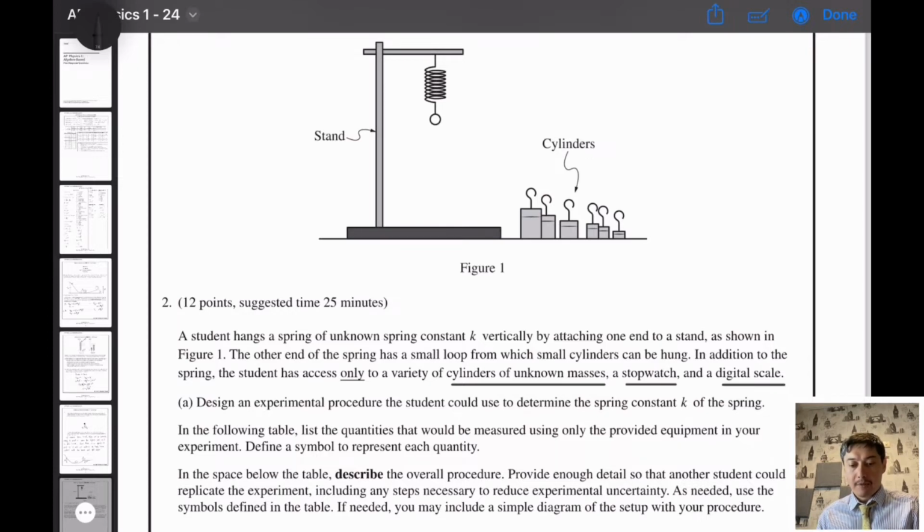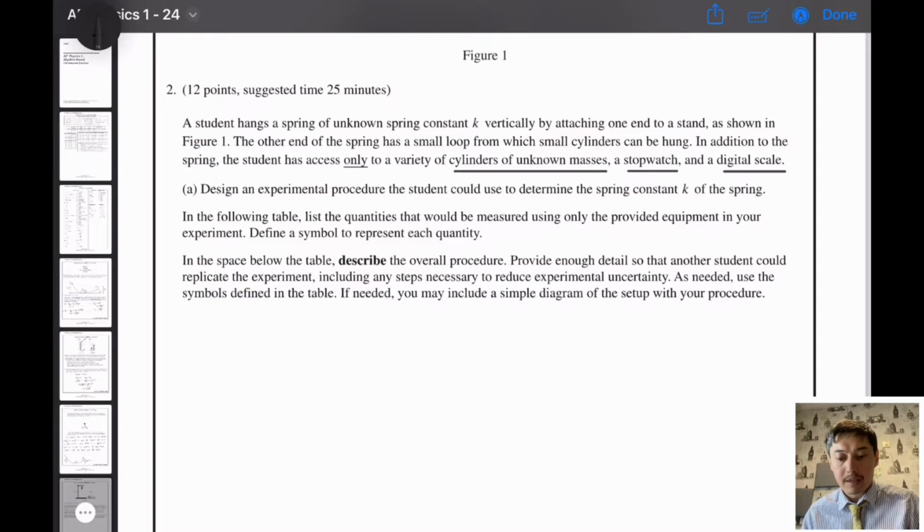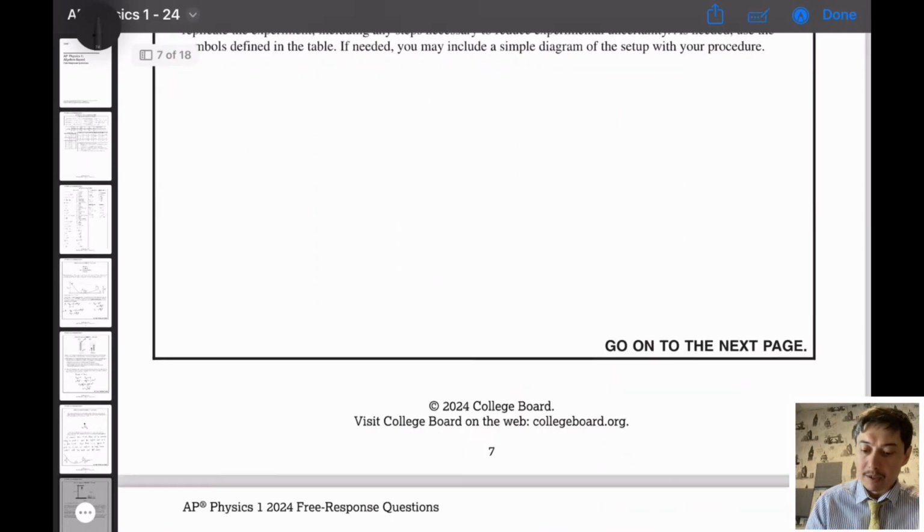In the following table, list the quantities that would be measured using only the provided equipment in your experiment. Define a symbol to represent each quantity. In the space below the table, describe the overall procedure. Provide enough details so that another student could replicate the experiment.